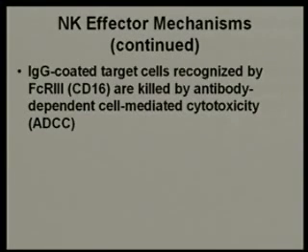One, lack of MHC class 1 will stimulate the NK cell, which will lead to recognition by the NK cell. And then antibodies: if a pathogen is coated with antibodies, the NK cell can recognize it through CD16, which binds to its Fc receptor, and leads to killing. So those are the two main ways in which an NK cell can recognize pathogens.